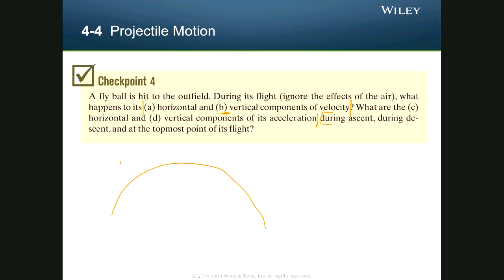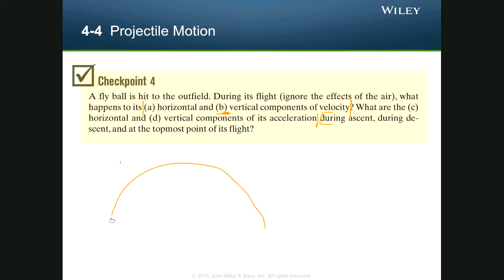So B, during the ascent, we will increase, stop, and then we will decrease during the descent, right, and become the most negative. So we have that. Oh, sorry, you can't see that part.